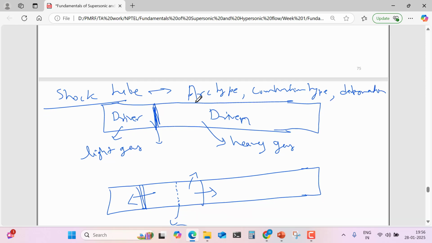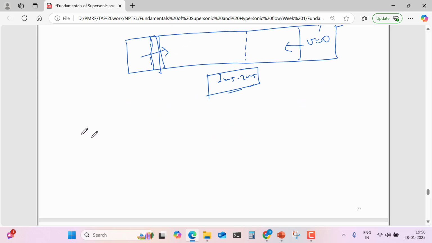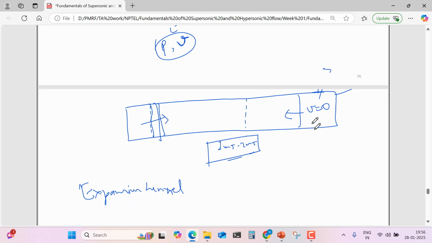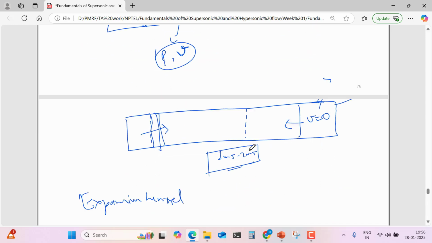Similarly, there are facilities like the expansion tunnel also, which uses unsteady expansion to increase the enthalpy. And all the facilities which I mentioned are impulse facilities.